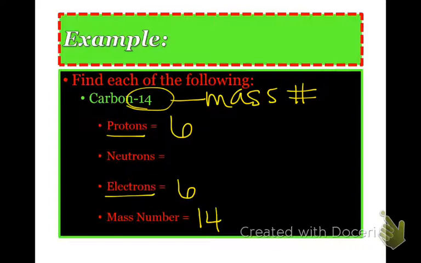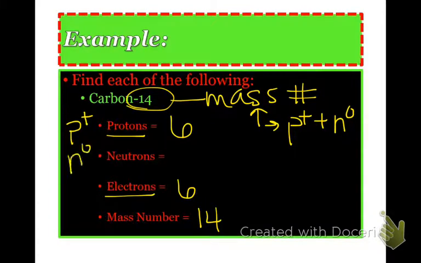The mass number is protons plus neutrons. Just FYI, protons are abbreviated P+, neutrons with a little 0, and electrons with a minus. Those are the appropriate abbreviations.